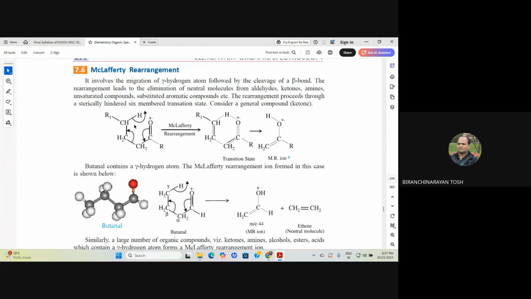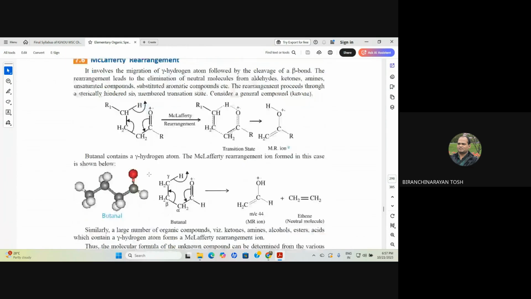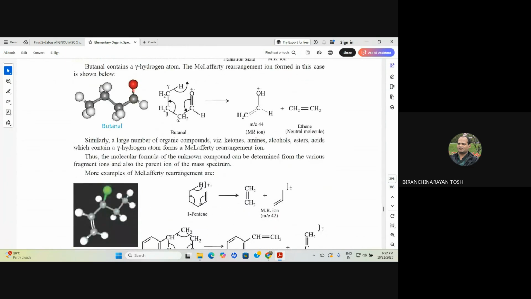The McLafferty rearrangement ion formed in this case will be the enol, CH2=CHOH enolate, as the rearranged product, plus the alkene. In case of butanol, it is ethylene, or in some cases you get another alkene. Similarly, a large number of organic compounds, ketones, amines, alcohols, esters, acids, which contain a gamma hydrogen atom, undergo this rearrangement.